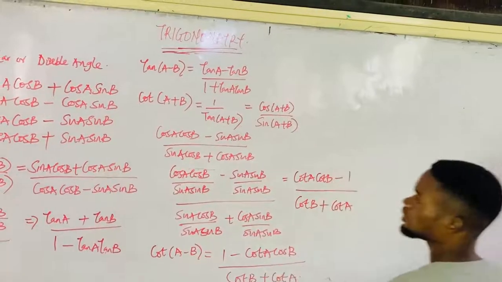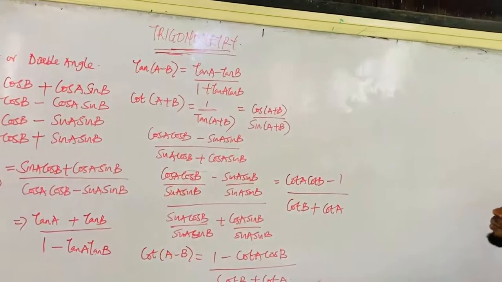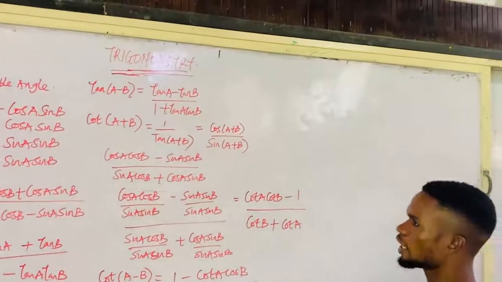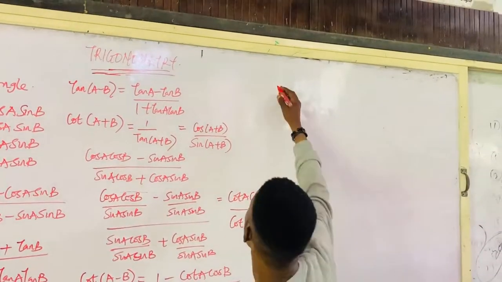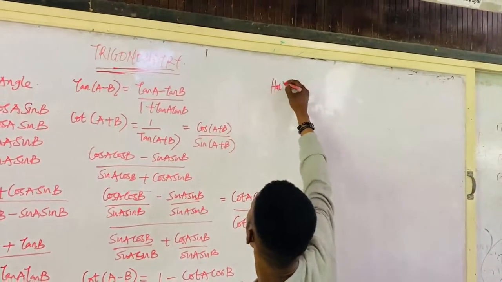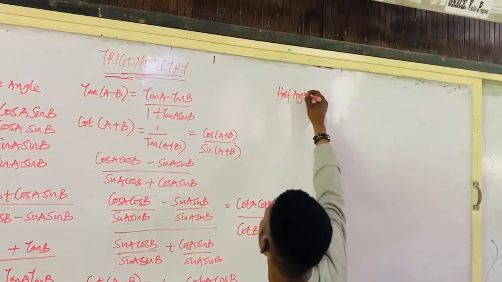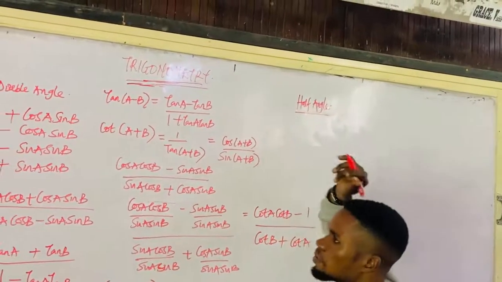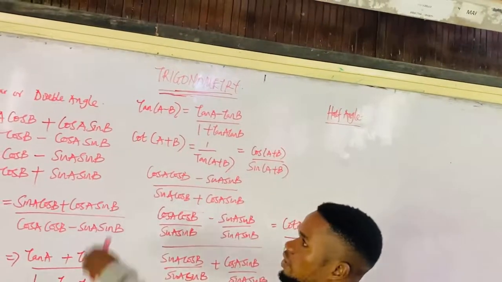Now that was the addition formula of double angle. Now half angle. Remember that sine A plus B is this.